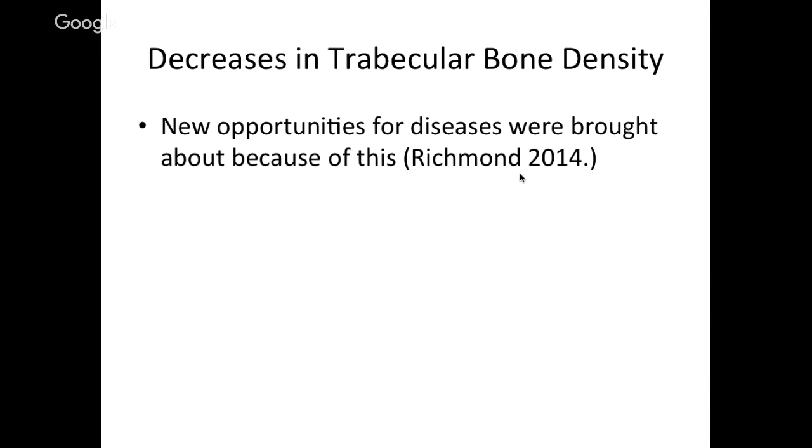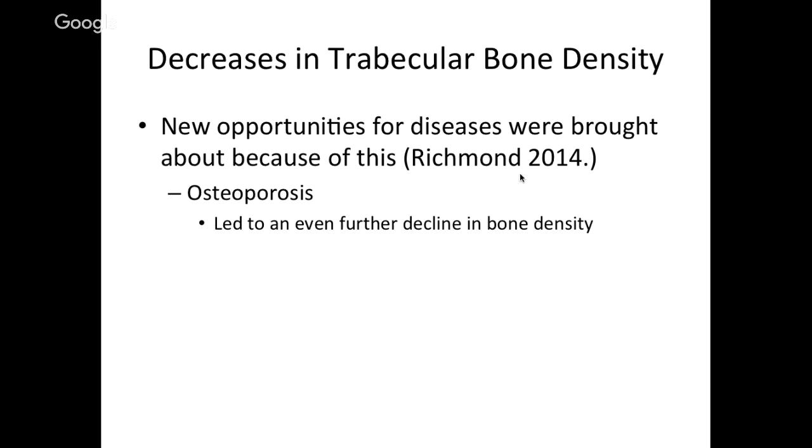A decrease in trabecular bone density also brought about new opportunities for diseases, one of which is osteoporosis, and that leads to an even further decline in bone density. So the decrease in trabecular bone density can almost be a cycle.